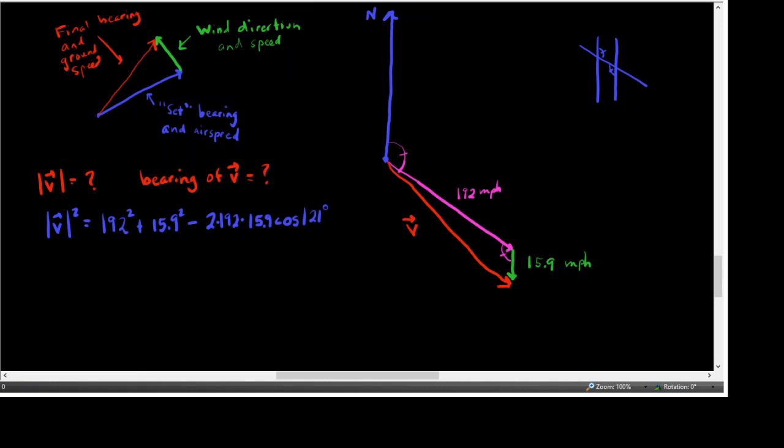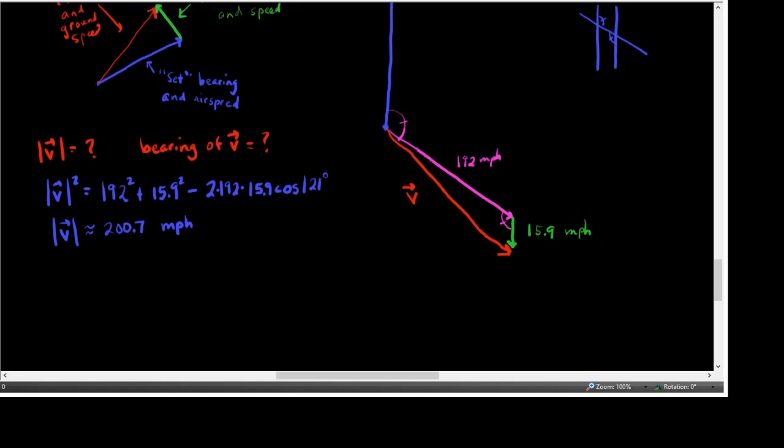And let's see, you do the calculation by taking the square root of that mess on the right, and you should get about 200.7 miles per hour. All of our magnitudes of our vectors are in miles per hour in this problem. Okay.